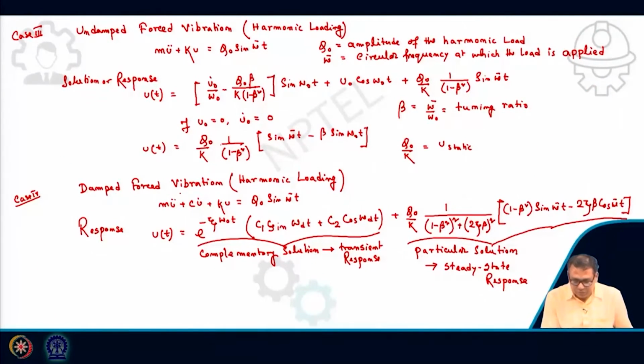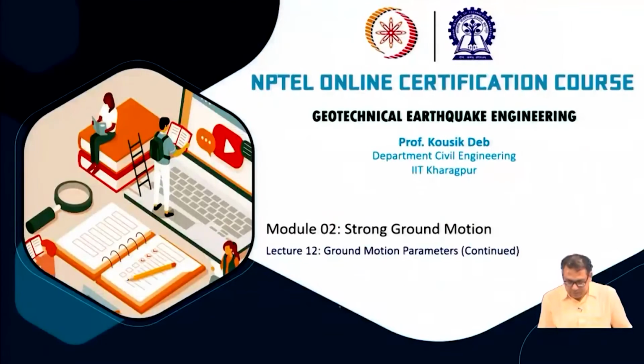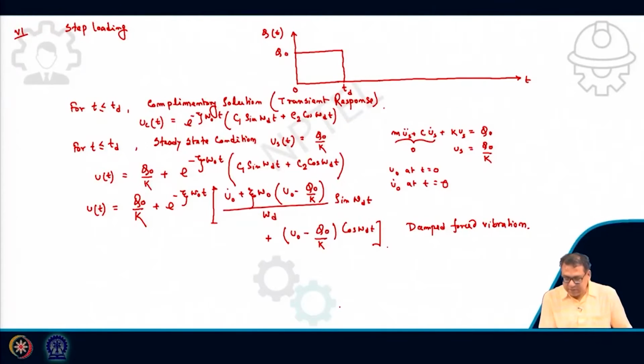If I put these values and initial conditions, I will get this solution. You can try by putting these initial conditions, then you will get C1 and C2 and put them there.